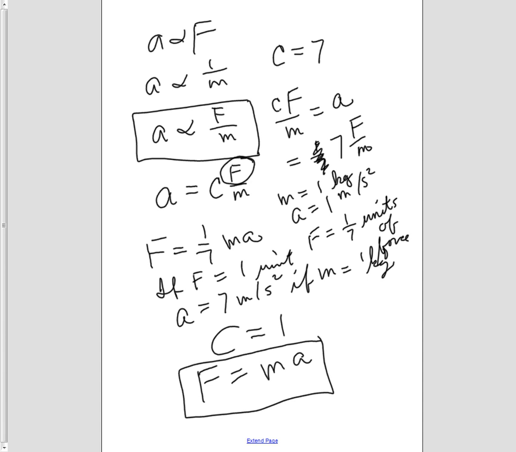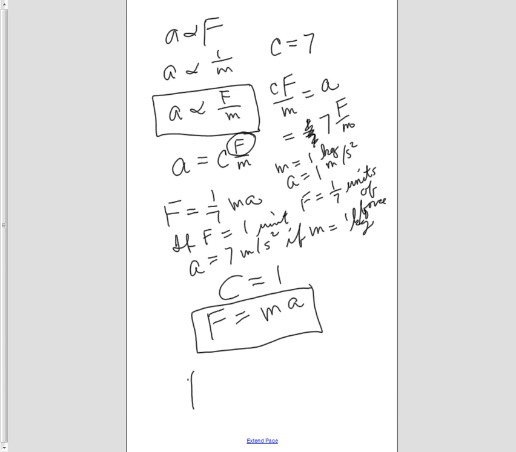Okay, and 1 Newton is equal to 1 kilogram meter per second squared. That's what a Newton is. It's that force which, if you exert it on a 1 kilogram object, the object has an acceleration of 1 meter per second squared.